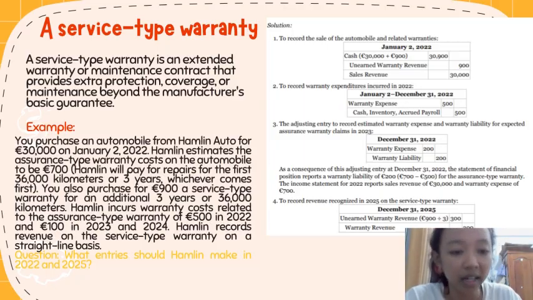On the debit side, we have warranty expense of $500, and on the credit side we have cash, inventory, and accrued payroll with the amount of $500. Then we also record the adjusting entry to record estimated warranty expense and warranty liability for expected assurance warranty claims in 2023.